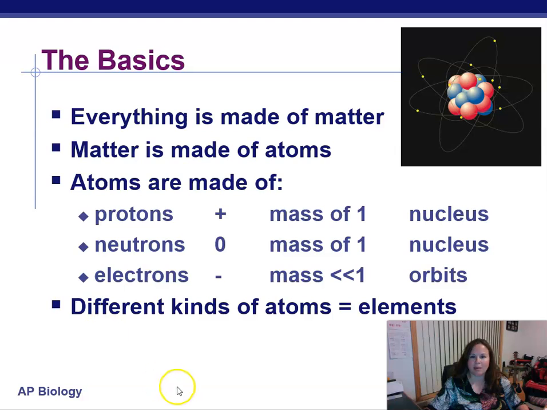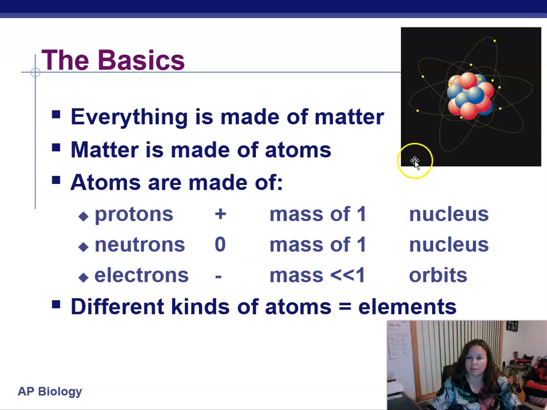We've learned the makeup of matter is atoms. Atoms make up elements. We learned the particles that make up atoms are protons, which are a positive charge, neutrons, neutral charge, and together both of those are in the nucleus of the atom and make up most of the mass of the atom.